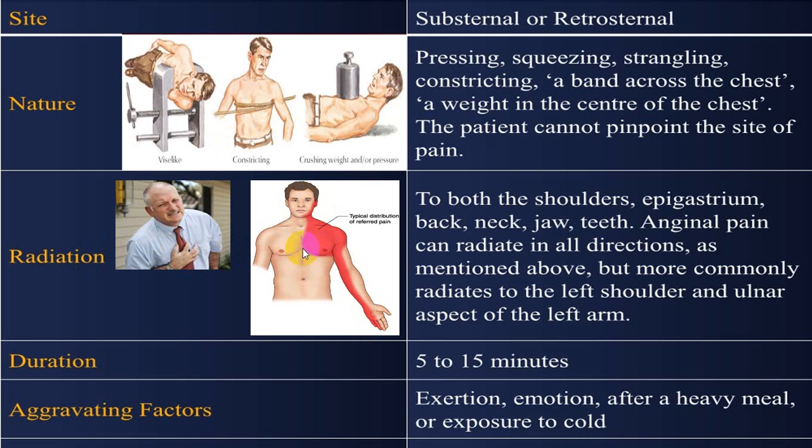It can radiate retrosternal, right up to xiphisternum, and posteriorly interscapular region, we call paravertebral region. So all that can be radiation. Duration is 5 to 15 minutes, aggravated by exercise, emotion, heavy meal, exposure to cold, and relieved by rest and nitroglycerin.